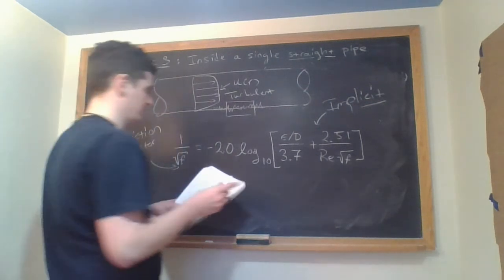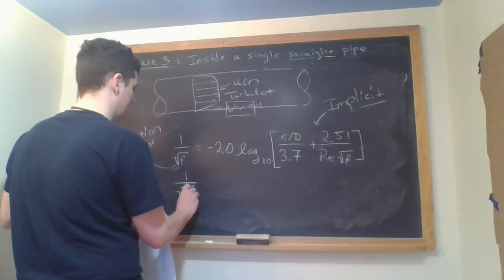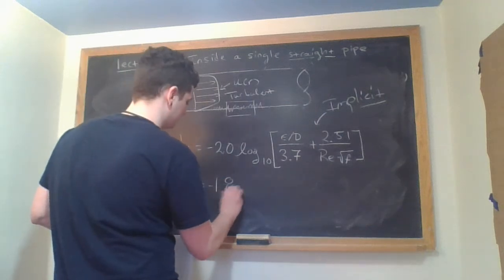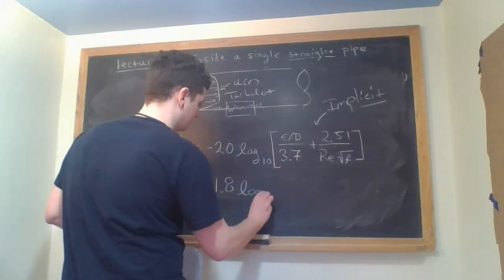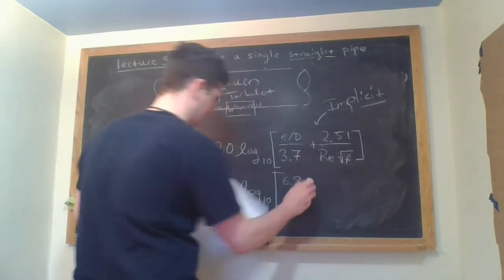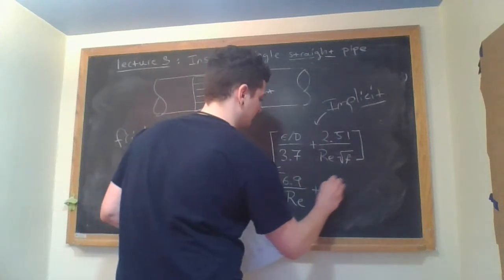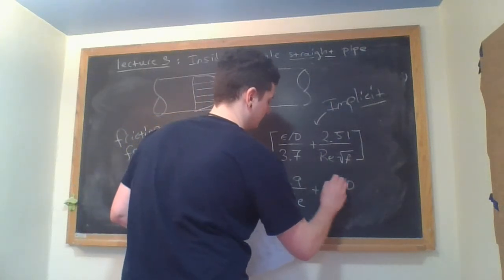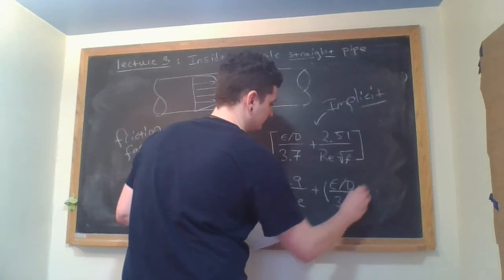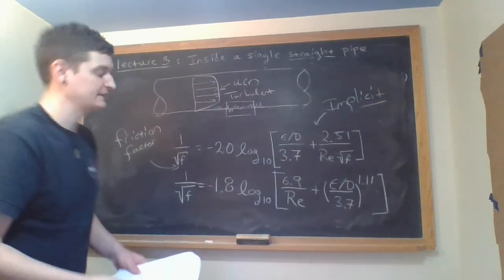So people did come around and go, this is just way too hard. So an empirical fitting function is this, with 6.9 over Reynolds.